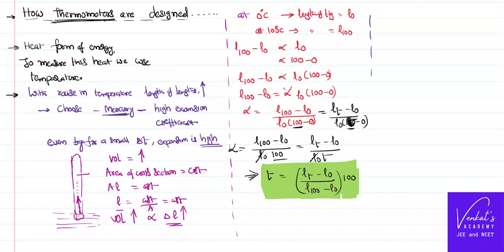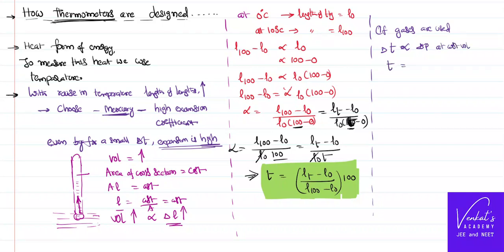Here I want to tell you that it's not only the length that varies with the rise of temperature, there are some other parameters too. For example, if gases are used instead of liquid, the change in temperature is directly proportional to the change in pressure at constant volume.